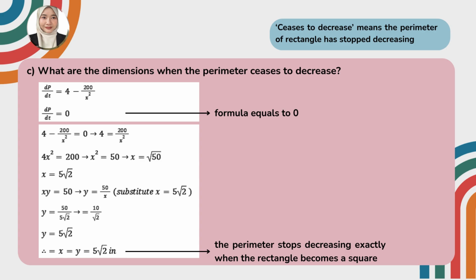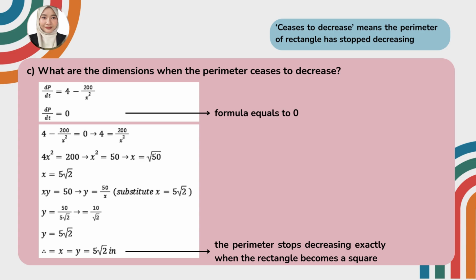Okay, last but not least, for question C, what are the dimensions when the perimeter ceases to decrease? Ceases to decrease here means that the perimeter has stopped decreasing, so dp over dt equals 0. The formula of dp over dt, which is 4 minus 200 over x squared, also equals 0.